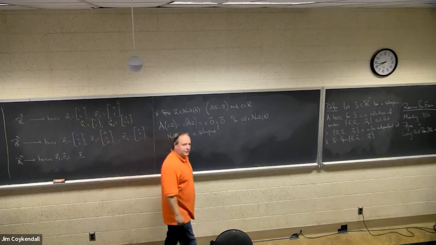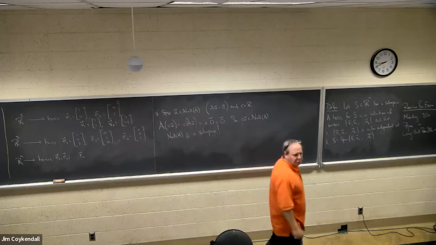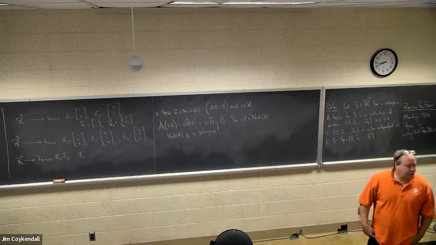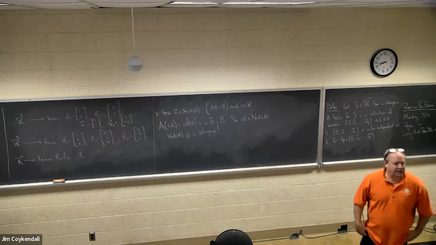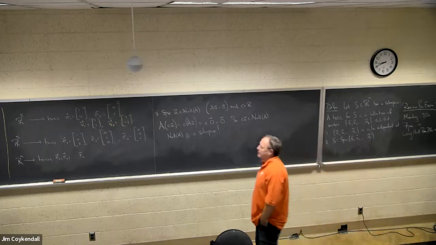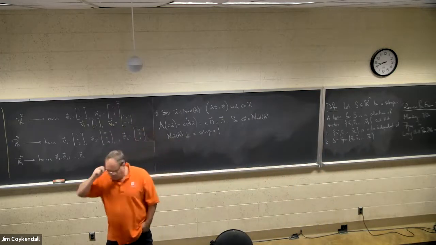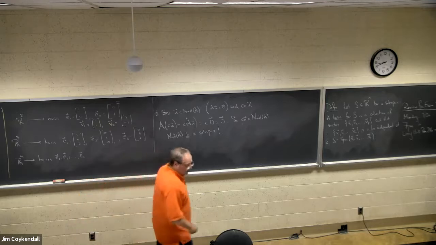That's also a basis. It's not as convenient, but it works. Those two vectors are linearly independent, and it's a good exercise to check that anything in R2 can be written as something times this plus something times this. And in fact, that representation will be unique.